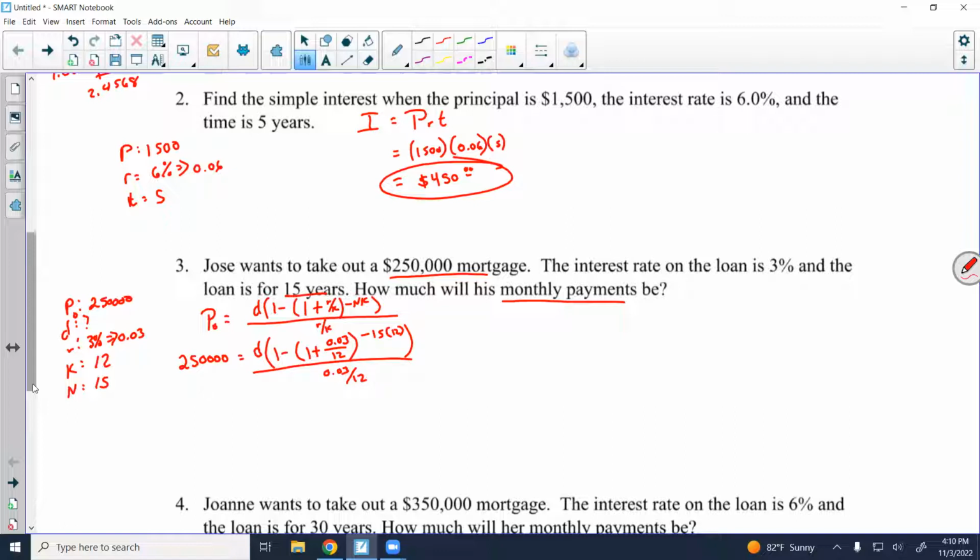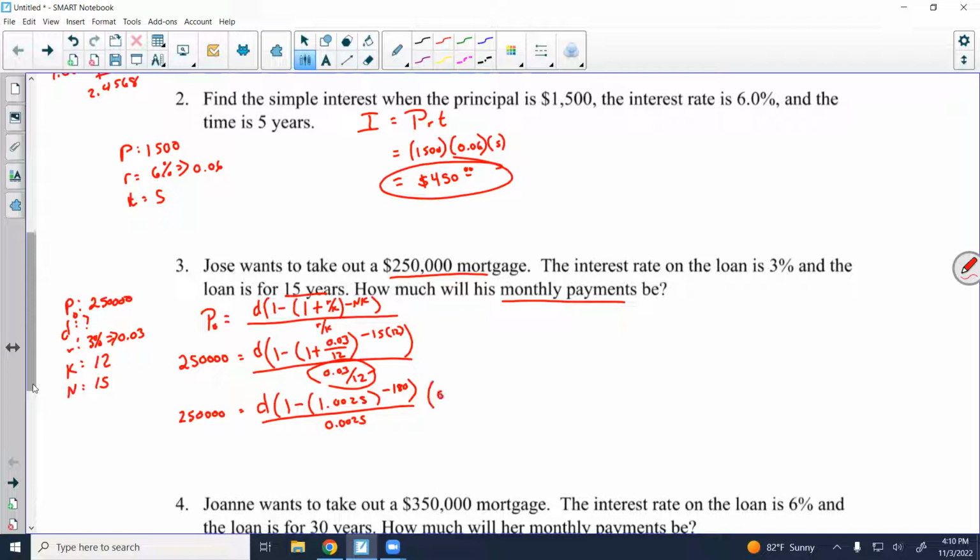Okay, now again, go ahead and figure out what this is. We already know, since we calculated it once already, we have D times 1 minus 1.0025, and this is negative 15 times 12, which is negative 180. And again, we're over 0.0025.